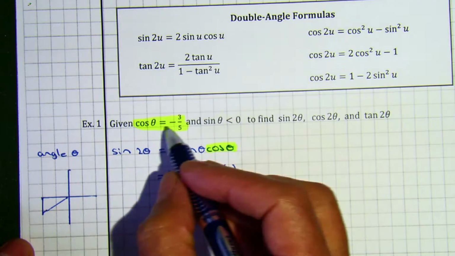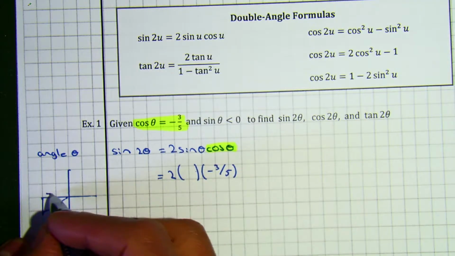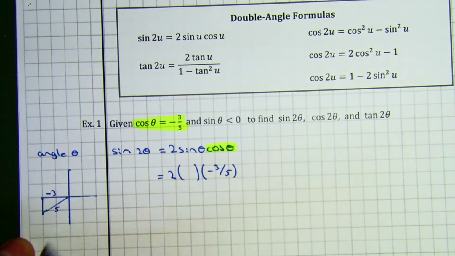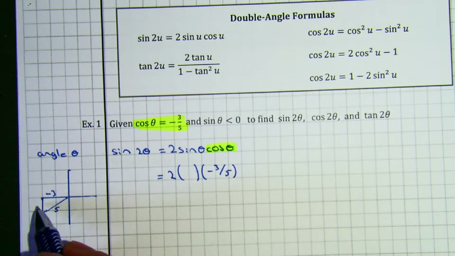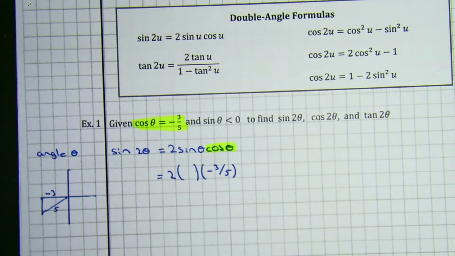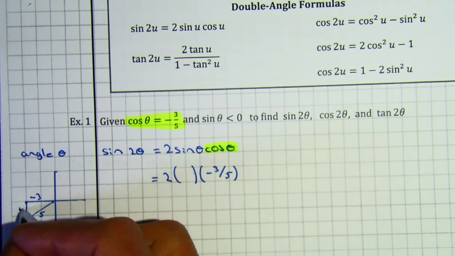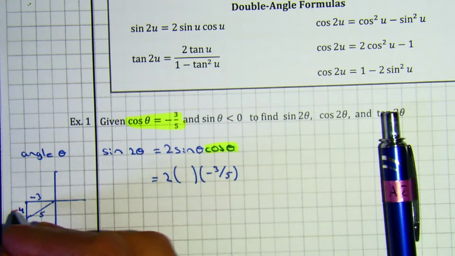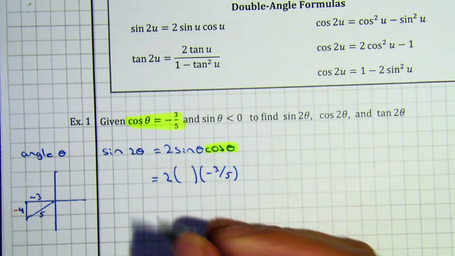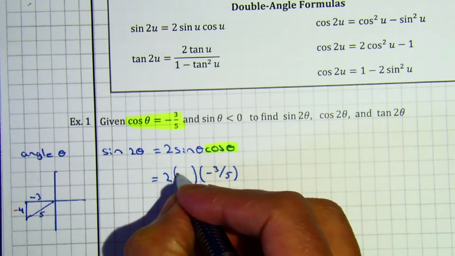And the cosine is -3/5, so it's adjacent over hypotenuse. You now need to be able to find my missing side. And we know that is a 3, 4, 5 right triangle. So therefore, there should be 4, but not +4, but -4 because it's going down. So therefore, the sine will be your opposite over hypotenuse, which is -4/5.